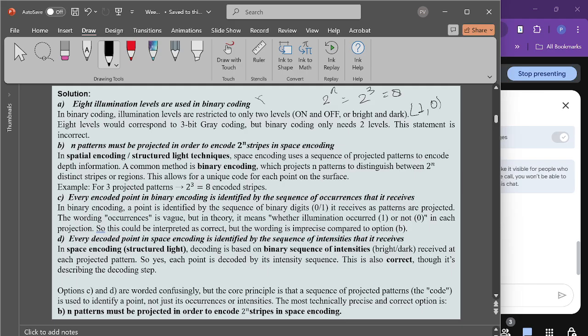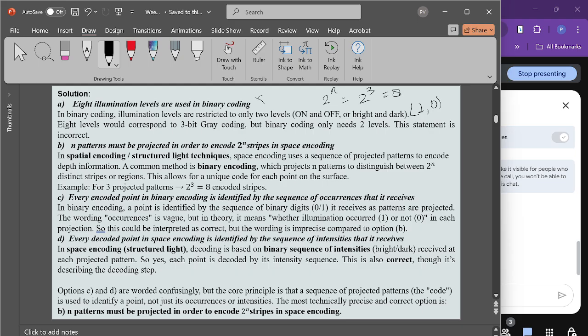Now the next statement: n patterns must be projected in order to encode 2 to the power n strips in space encoding. Space encoding is also called a structured light technique. Space encoding uses a sequence of projected patterns to encode depth information.